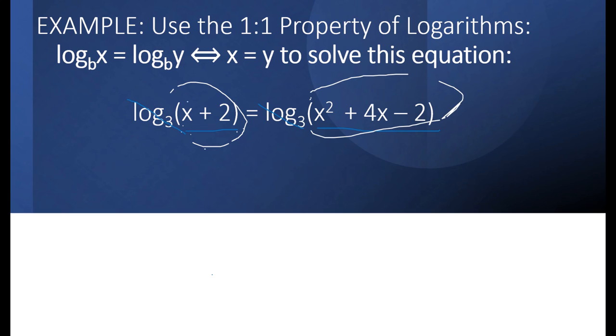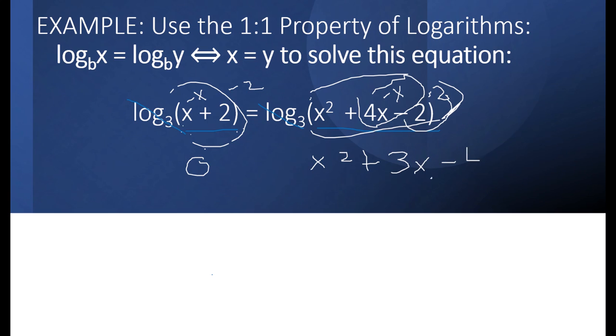All right, I'm going to subtract x from both sides and subtract 2 from both sides, so I'll get 0 over here. So I'm going to line this up with the x and subtract 2. So I'm left with x squared plus 4x minus x is 3x. And then negative 2 plus a negative 2 is negative 4.